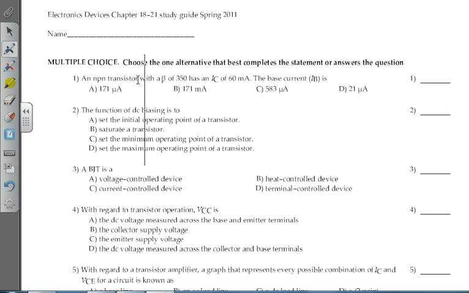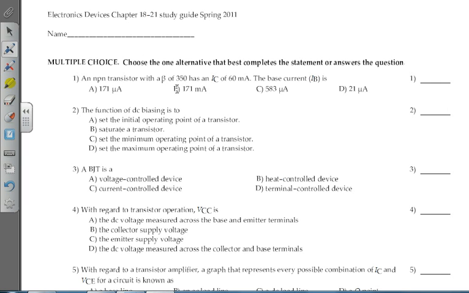A PNP transistor with a beta of 350 and current at the collector of 60 milliamps. The base current IB is... What's 60 divided by 350?